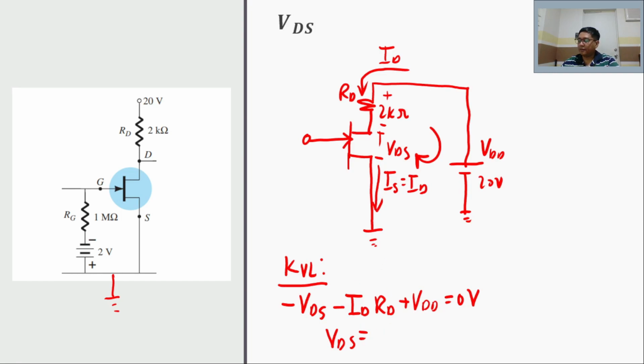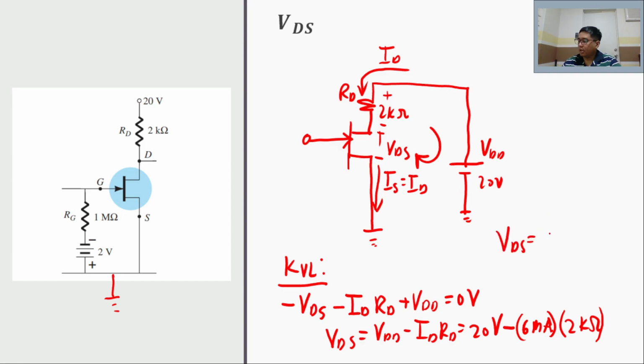We have VDD minus ID times RD. VDD is 20 volts minus ID of 6 milliamperes times RD of 2 kilo ohms. VDS is equal to 8 volts.